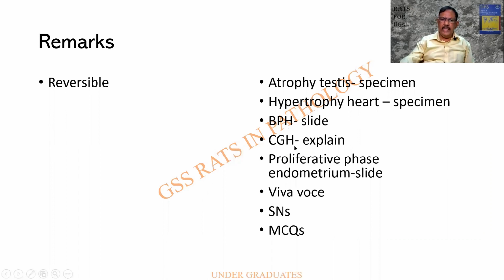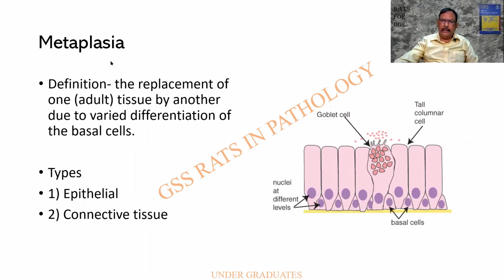Cystoglandular hyperplasia, you might have to explain. Proliferative phase endometrium, earlier, used to be a slide for the students. Viva voce, anything can be asked. What is atrophy? What is hypertrophy? What is hyperplasia? And they are all short notes. And any number of MCQs can be set from these topics. Now look at this topic, metaplasia. I would like you people to kindly focus all your concentration on this particular topic.